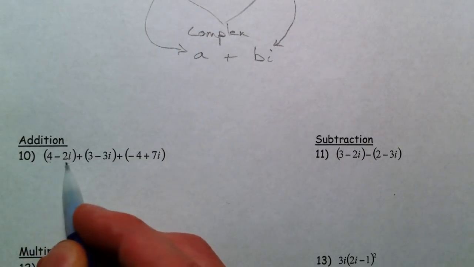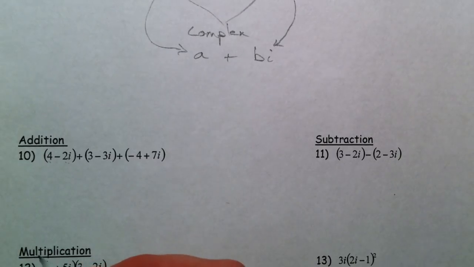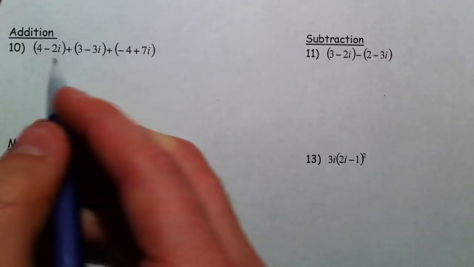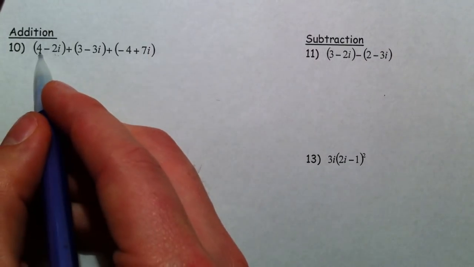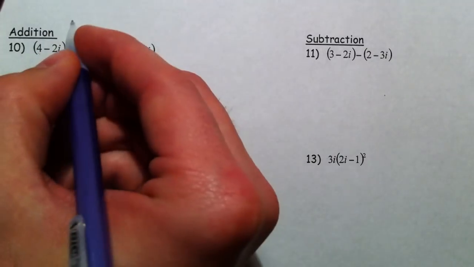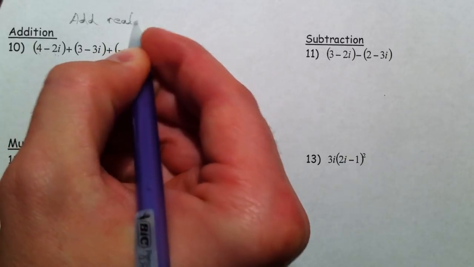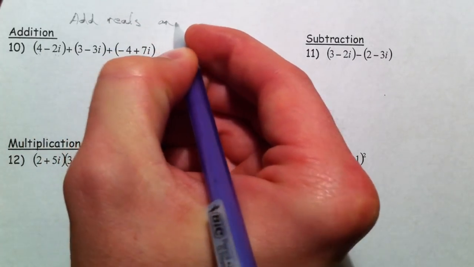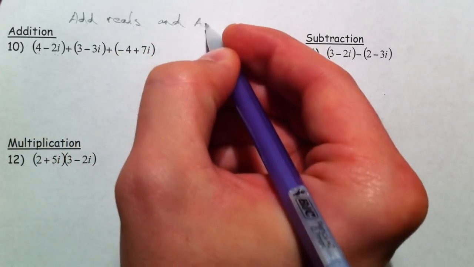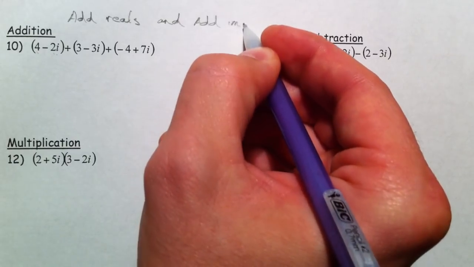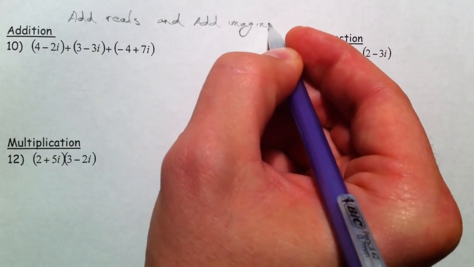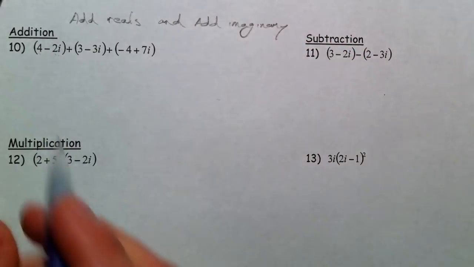Part real, part imaginary. Now when we add these, or if we subtract them, we're just going to combine the reals and add the imaginaries. It's going to be quite simple, actually.